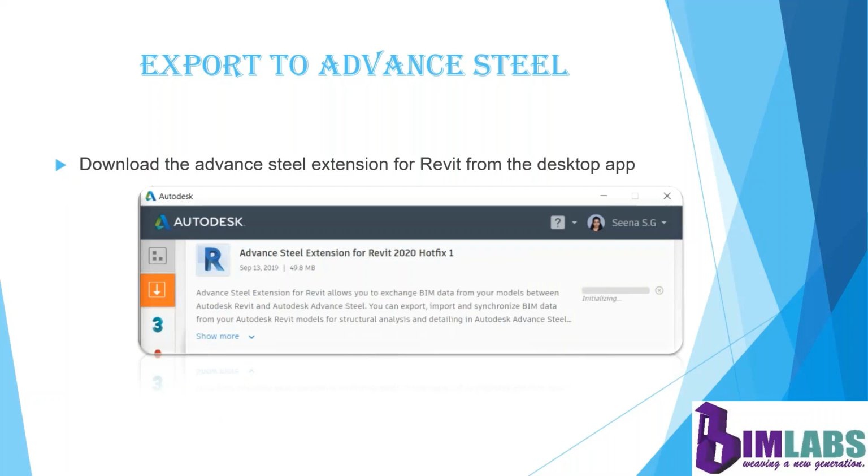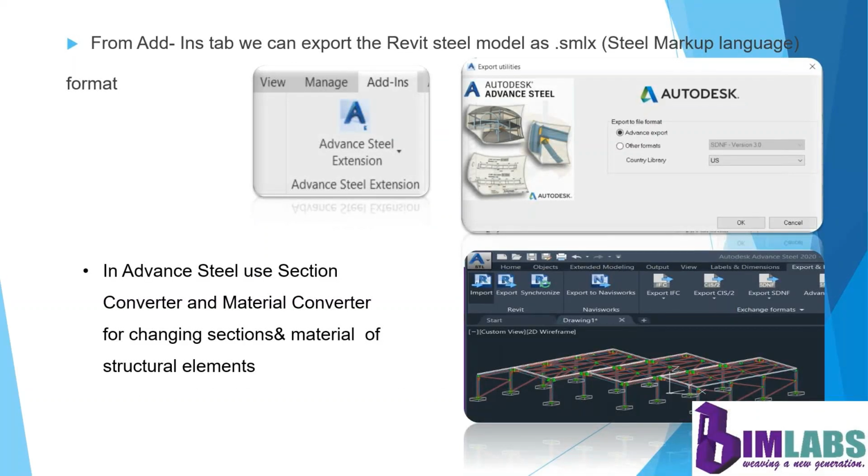Then if you want to export that steel model from Revit to Advanced Steel, this is the plugin, the Advanced Steel extension. This plugin is from the Autodesk App Store. You can just download it and export it. Advanced Steel is also like AutoCAD. It has an AutoCAD interface, so you can easily use it. Okay, so this is all about the software. Now I'll show you the software and explain it.